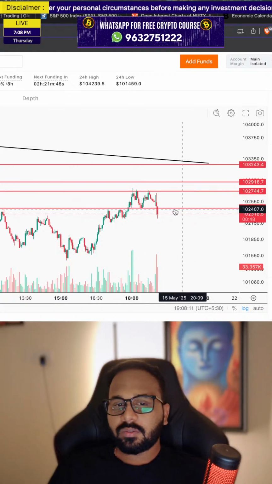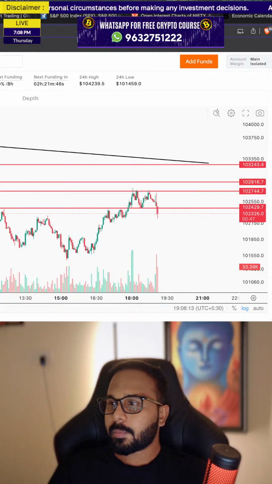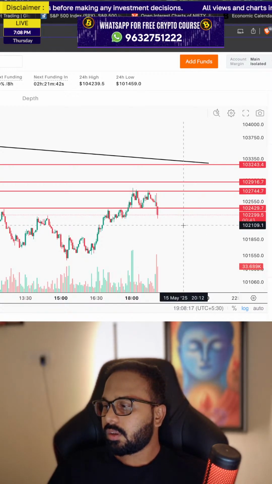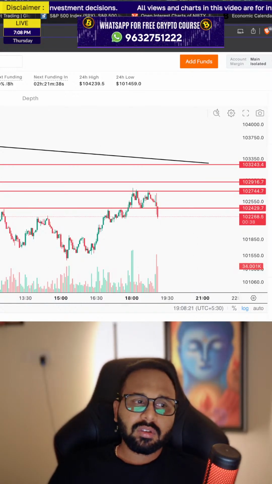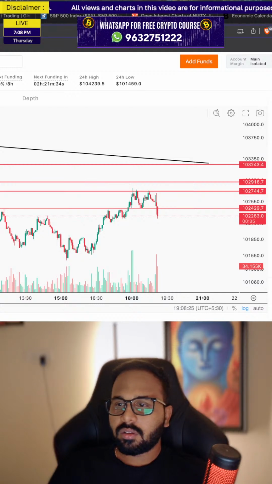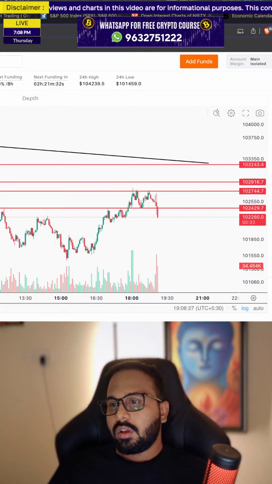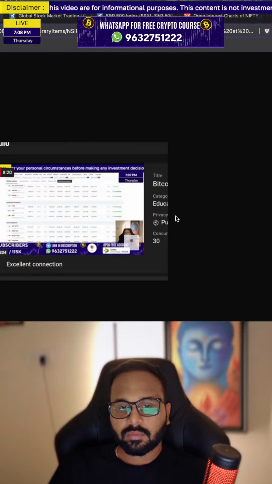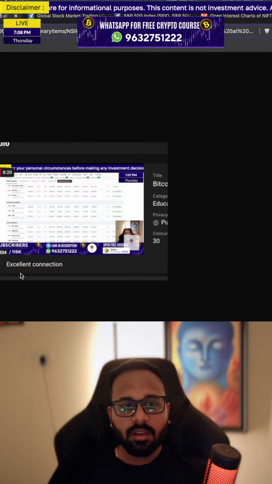Ravi Teja, welcome to the live stream, sir. Yesterday and today, landscape mode got some issue. For me, you see here, landscape mode, what is it saying? It's saying excellent connection.